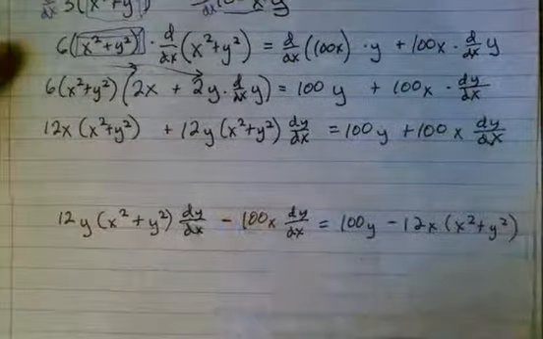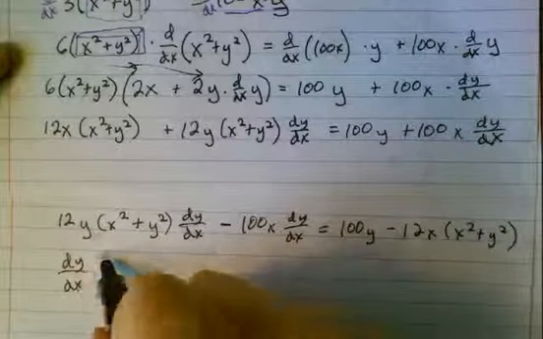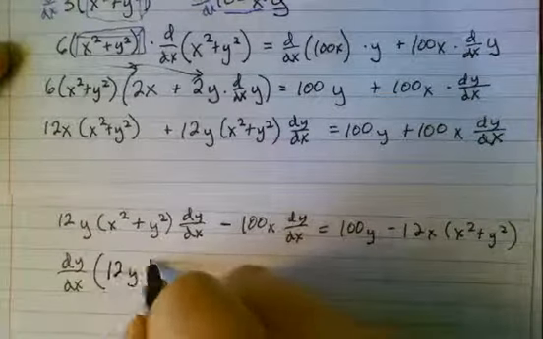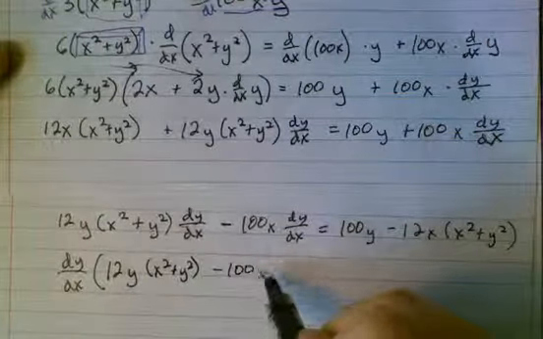Remember from the previous problem, we can factor out this dy dx. 12y, x squared plus y squared, minus 100x.